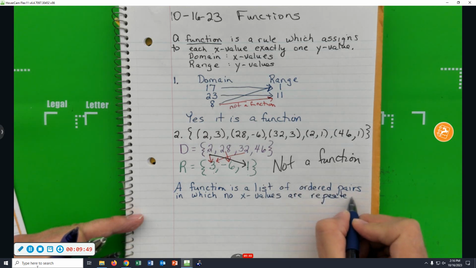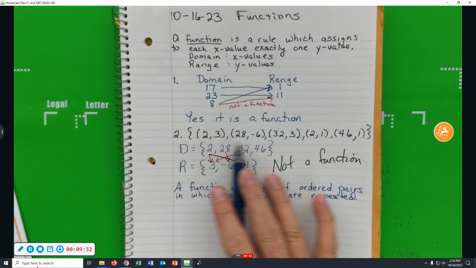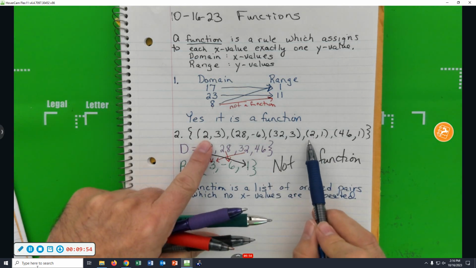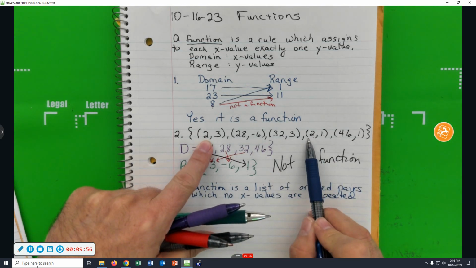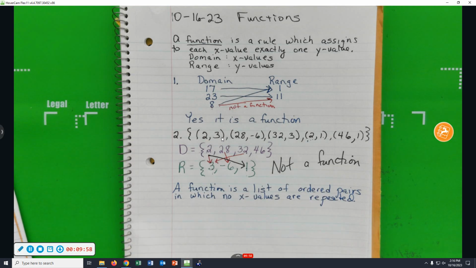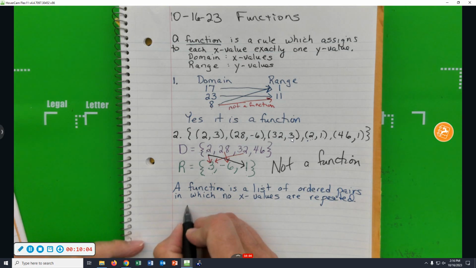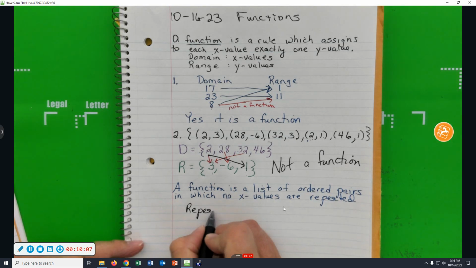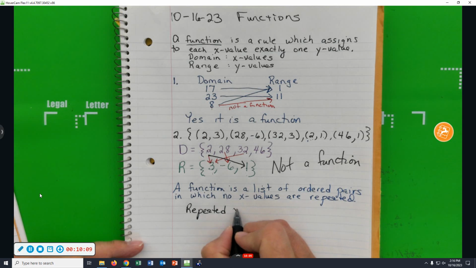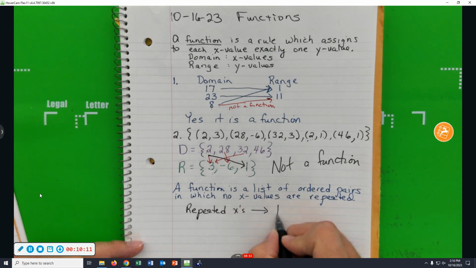So you could look at this and say, not a function, because the x's are repeated, right? Realize it's perfectly fine to have repeated y values. The 3 and the 3, that's fine. You just can't have repeated x values. Let me make a note of that. Repeated x's, not a function.